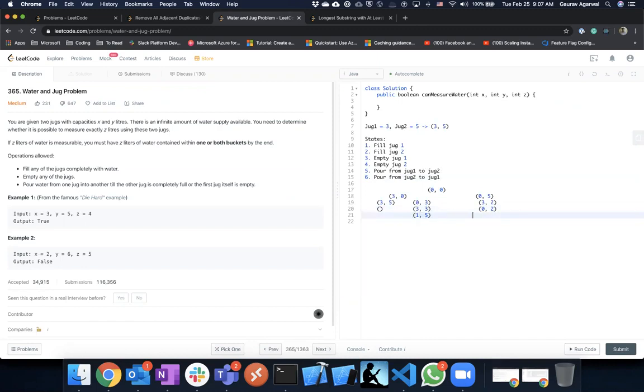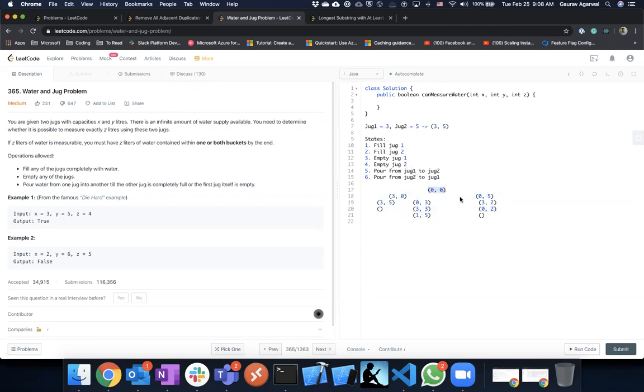Let's look into this state, 0 2. Fill jug 1, 3 2, which is already in the system. Fill jug 2, 0 5, we already have it here. Empty jug 1, it will remain the same. Empty jug 2, 0 0.